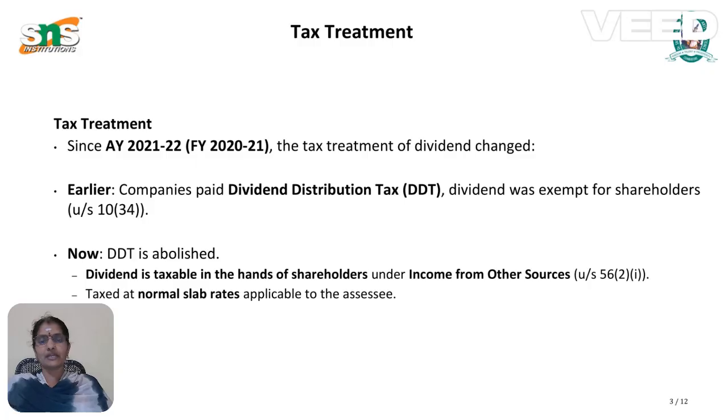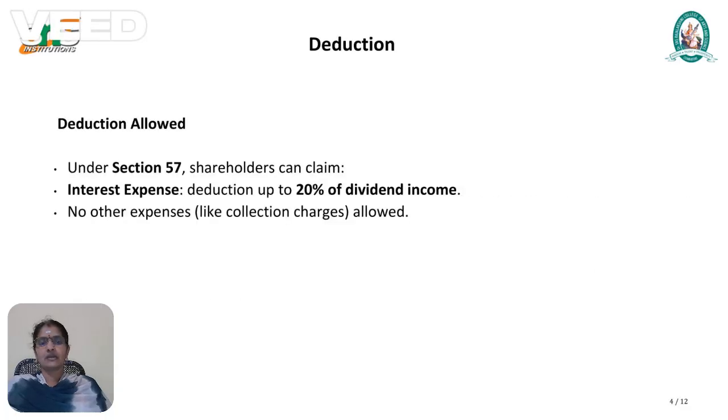So in the previous year, 2020 to 21, the dividend tax was paid by the company. But nowadays the shareholder has to pay the tax, as they are receiving income from other sources. This tax is at the normal slab rate, applicable to each and every individual person, that is, the assessee. Next, we move to the deduction as per the Income Tax Act.